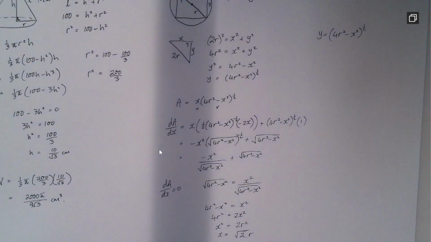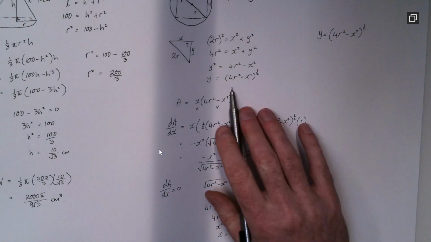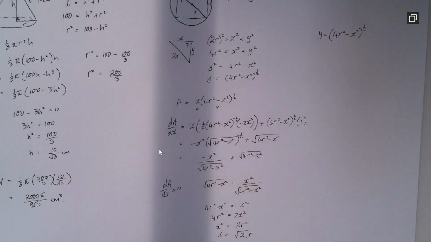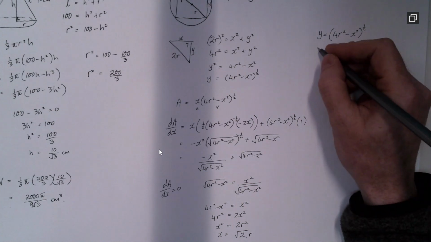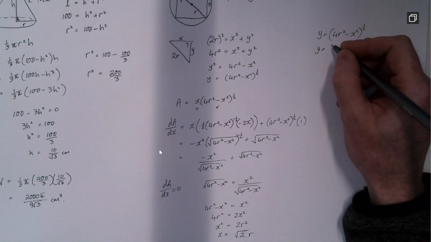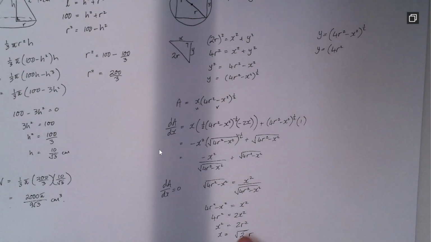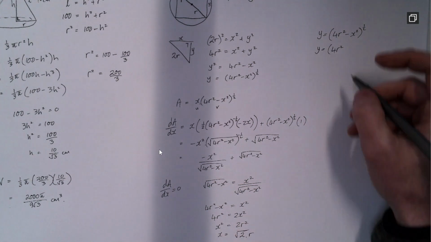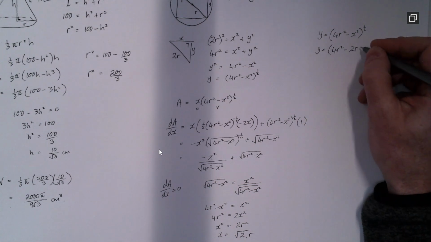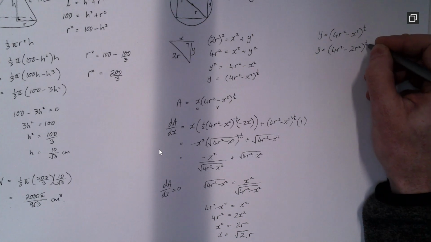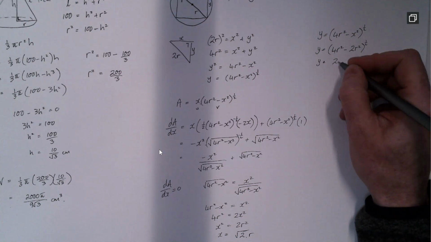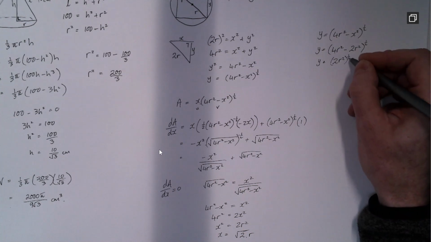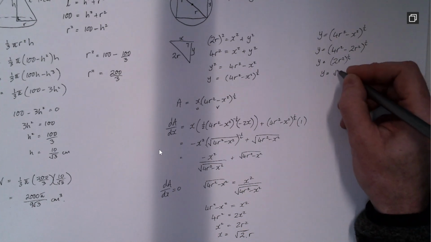So y equals the square root of 4r squared minus 2r squared, so the square root of 2r squared, so y equals the square root of 2 times r as well.